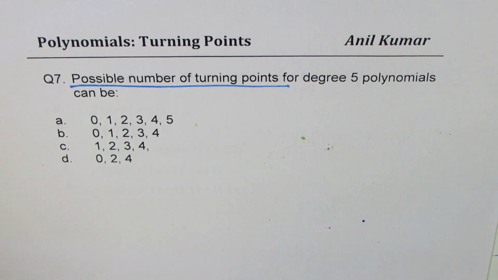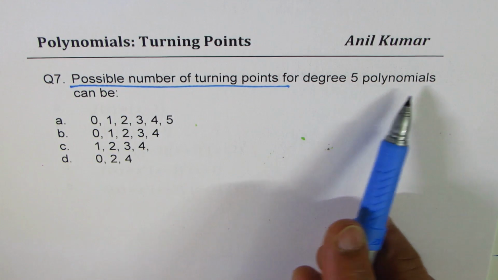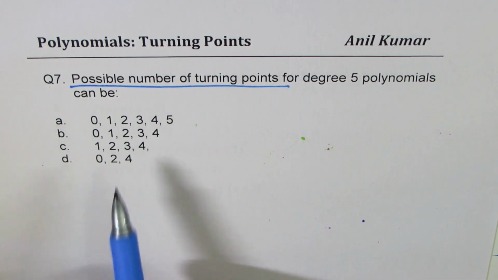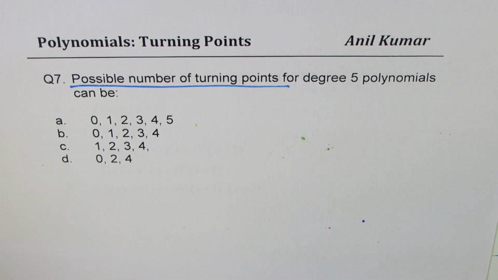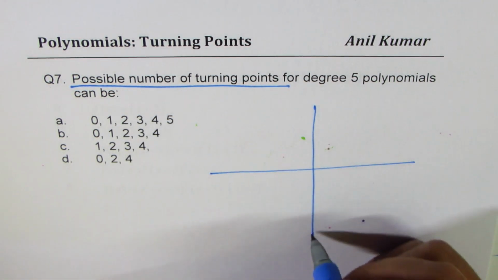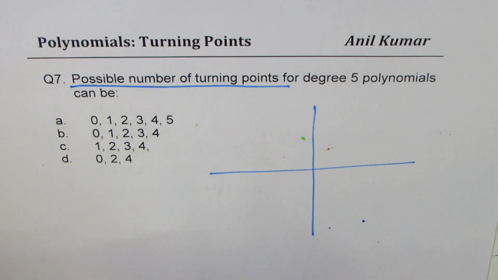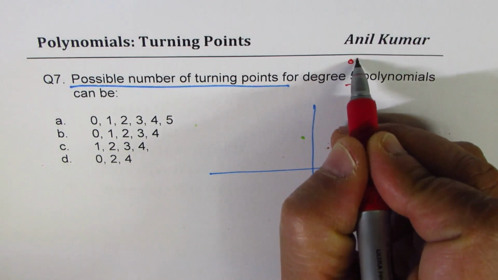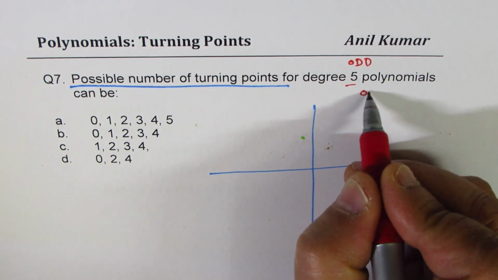Question number 7. Possible number of turning points for a degree 5 polynomial can be what? Now, when we are talking about turning points, we don't really have to bother about the leading coefficient, right? So what we're thinking here is odd degree, right? So this is an odd number. That means opposite ends.